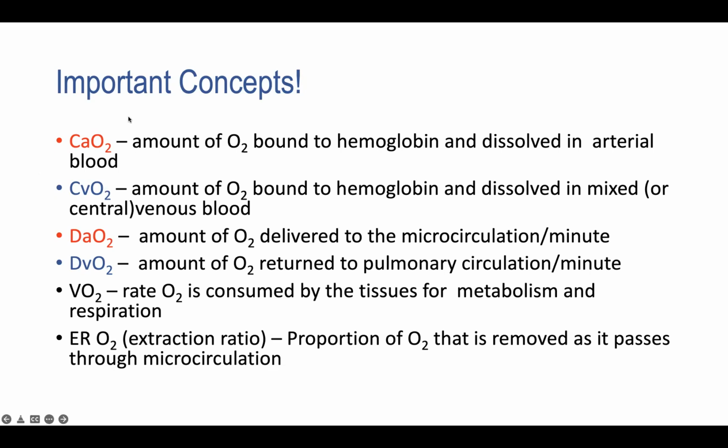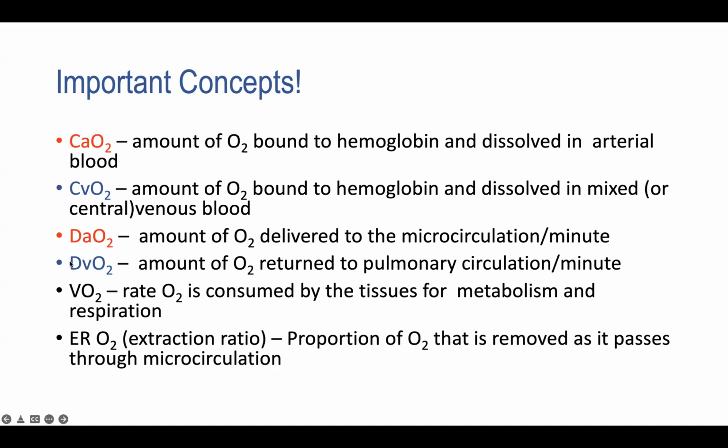Now that content just means how much oxygen is dissolved in the blood and bound to hemoglobin. Not that meaningful. What you actually have to do is deliver that. So the delivery of oxygen in the arterial bed is content times cardiac output, which tells me how much oxygen I'm delivering to the microcirculation per minute.